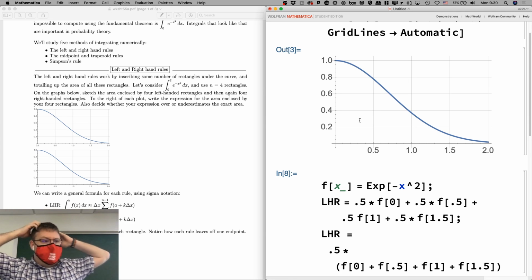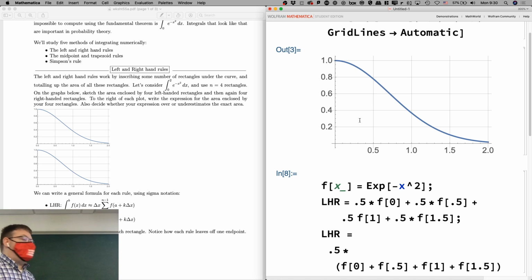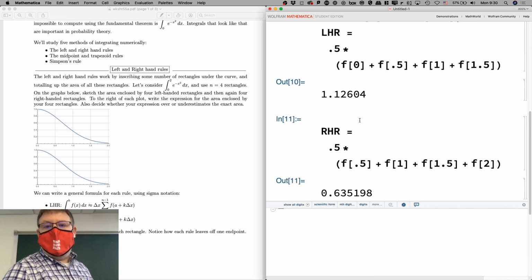Okay, so do the left and right-hand rules make sense now? It's just number crunching at this point. So what was Cole's observation? Well, the left-hand rule and the right-hand rule were pretty far off. In particular, look at your sketch.